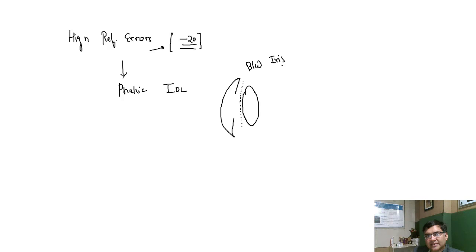This is called a phakic IOL. Remember, phakic IOLs are done in patients who have high refractive errors, which are unsuitable for any type of laser assisted surgery. So these are the various types of refractive surgeries that you have to remember for your exam. All the best.